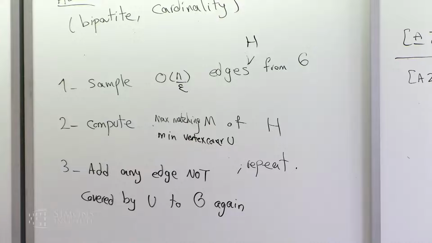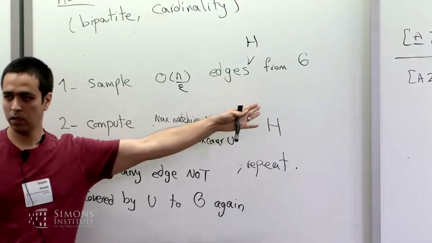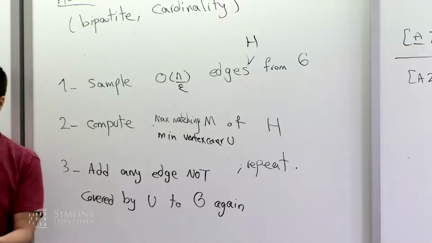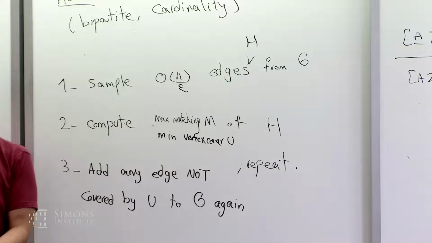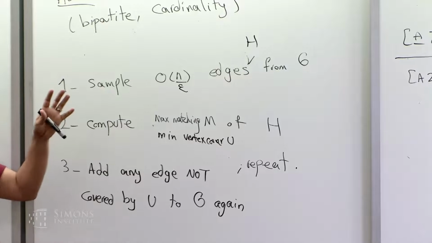Okay. You look at the edges. So you sampled H, and U is a vertex cover of H. You look at any edge of G that is not covered by U, and you place them back into the graph one more time. If you want to think of them as weight, you double their weights. So G had a bunch of edges.